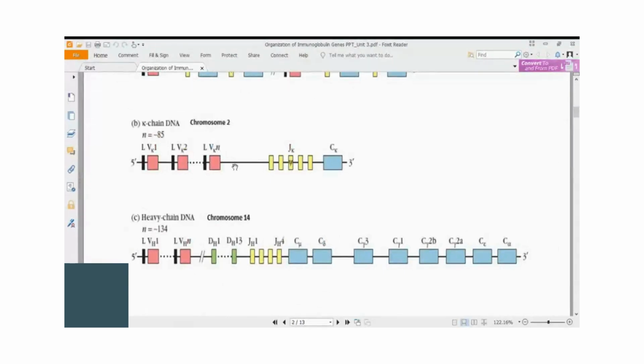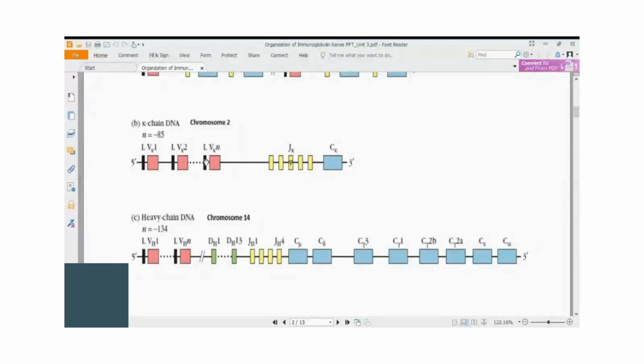We kept on mentioning that antibodies have a variable region, and the variable region constitutes the Fab site. Antibodies have a constant region, and the constant region constitutes part of the light chain and part of the heavy chain.